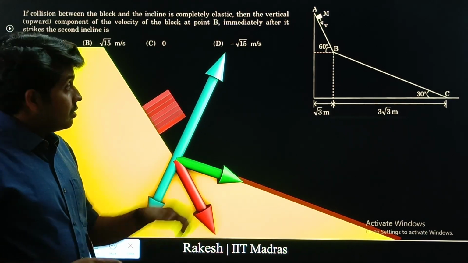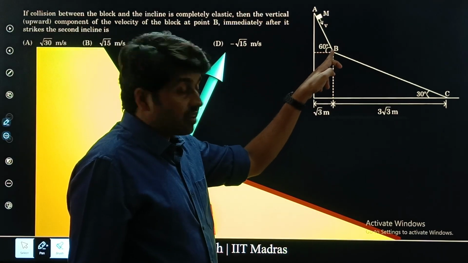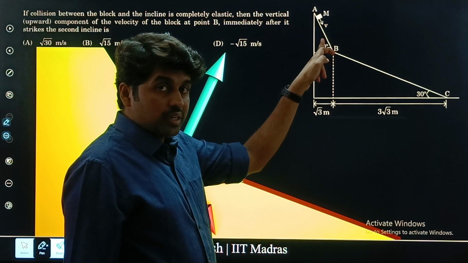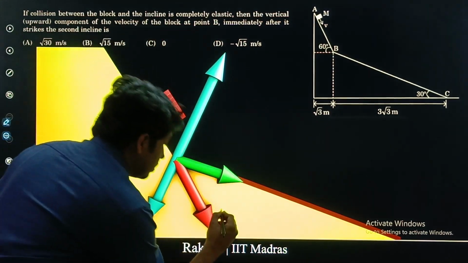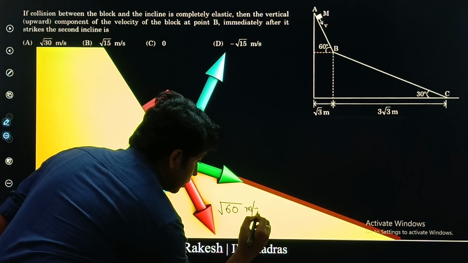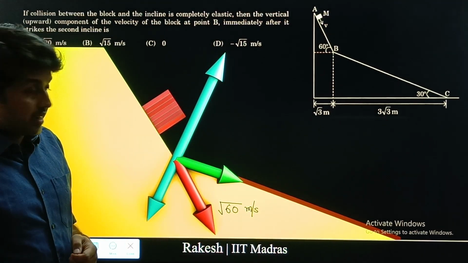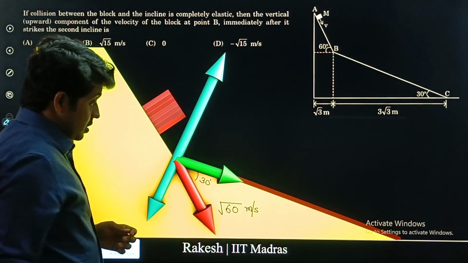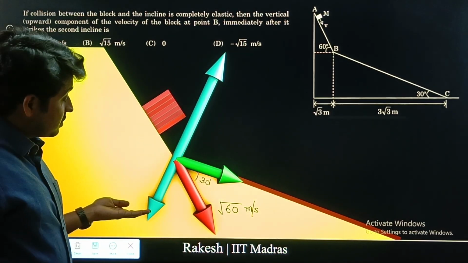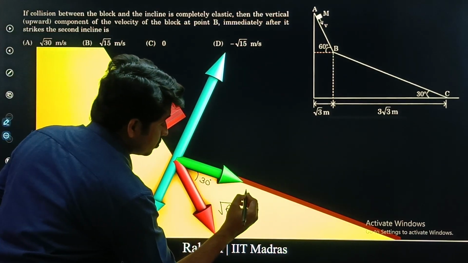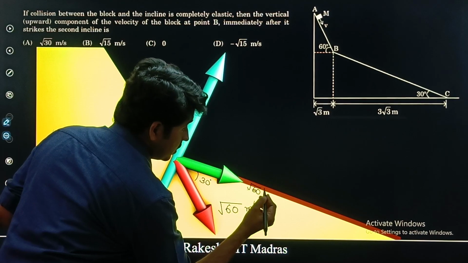So as usual, before striking B, what is its speed? Its speed is root 60 meters per second. So I'll just write that here. This is root 60 meters per second, and we have seen that this angle is also 30 degrees. This will be root 60 sine 30, root 60 cos 30 this one, and root 60 sine 30.